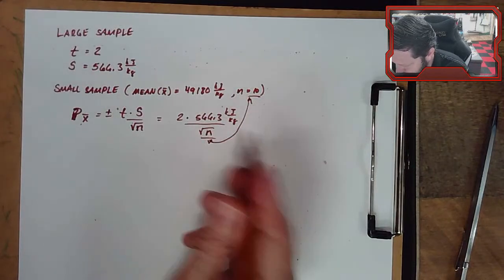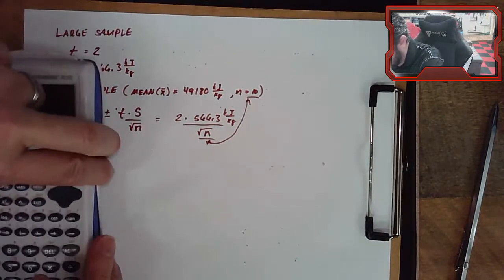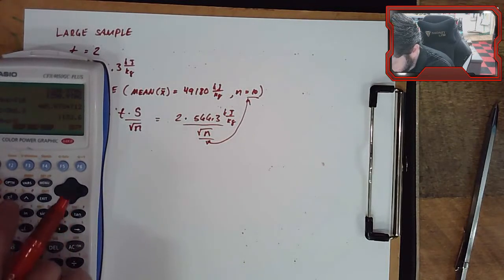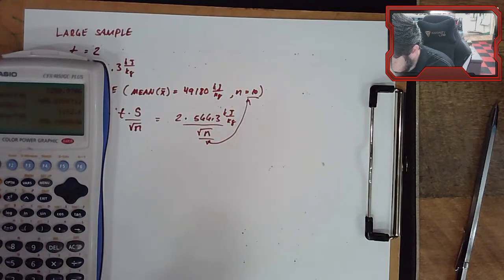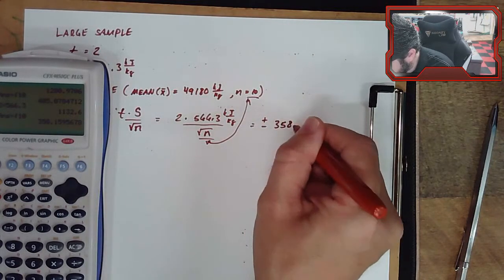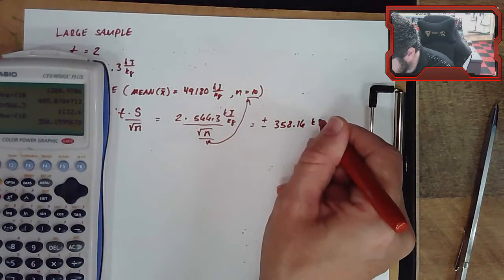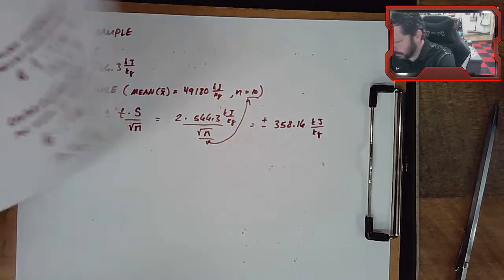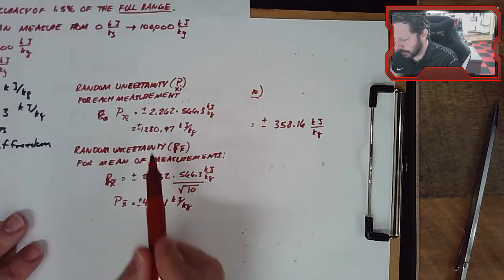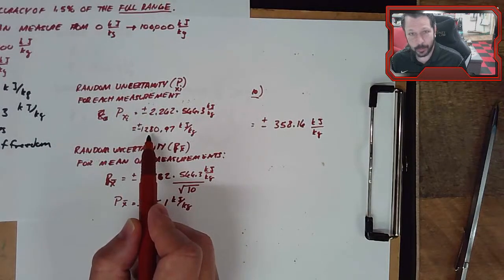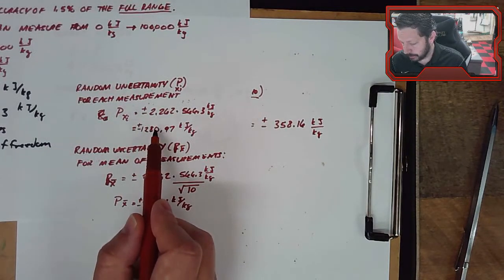All right, so this number comes out to be 2 times 566.3 divided by square root of 10, 358, plus or minus 358.16, and those are kilojoules per kilogram. And so what you see is these numbers gradually get smaller and smaller. Here, this is the random uncertainty with one measurement.